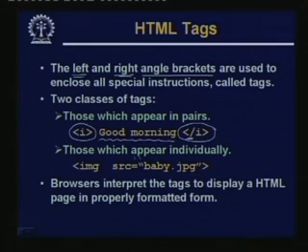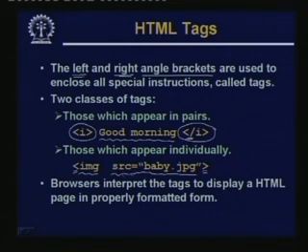But there are some tags where this end tag is not required, where the tag definition appears individually. This is an example. This img is the name of a tag, this is the begin tag symbol, this is the ending angular bracket, and this example also illustrates that in addition to the tag name img, you can have some attributes specified.